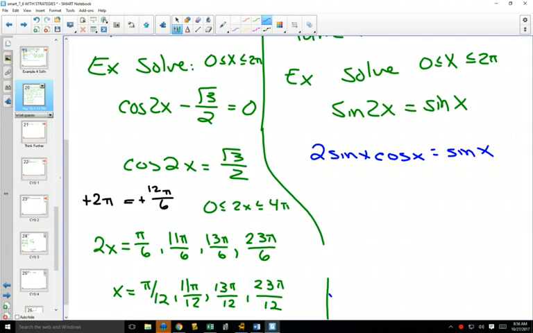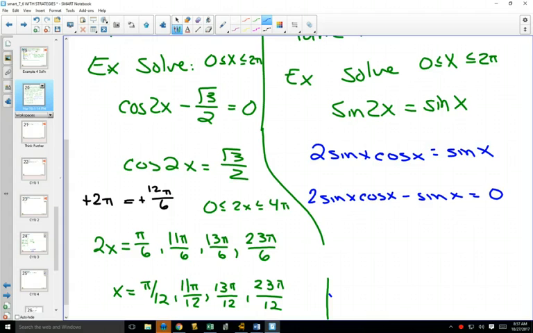But in this case, we're going to go to our factoring strategy. If I bring everything over to one side, so I'll subtract sine x on both sides, I have a common factor in both of those. Again, we don't want to divide by sine, because as you can see, if sine is 0, it makes it work. Instead, whenever you get tempted to divide, you should say, I should factor instead.